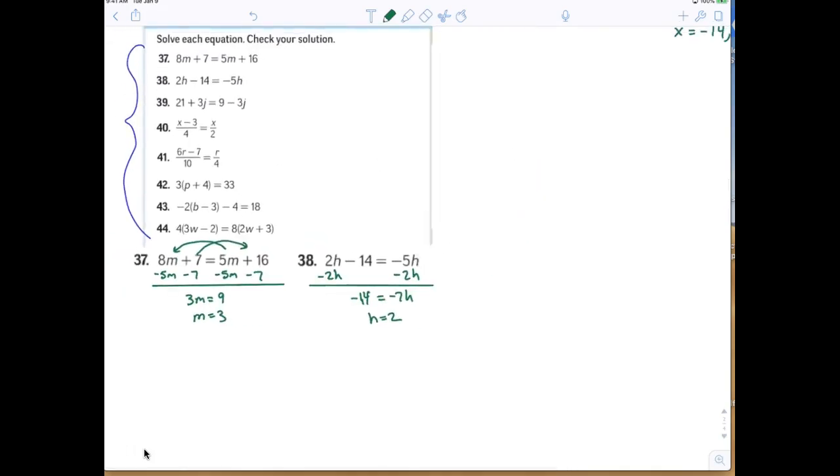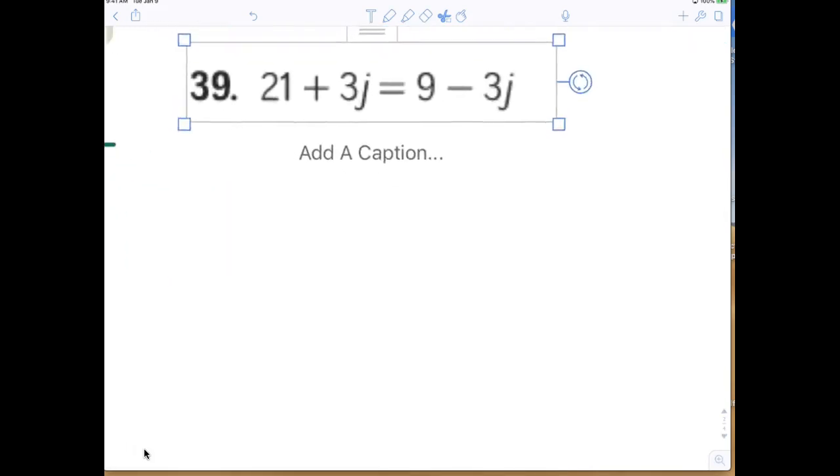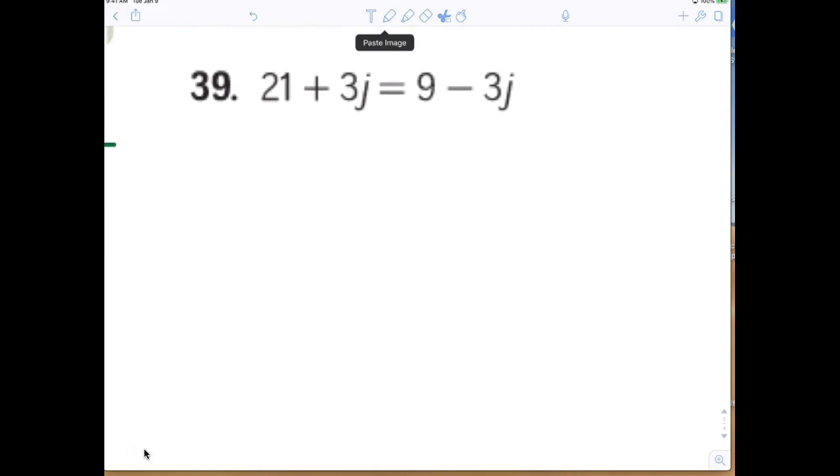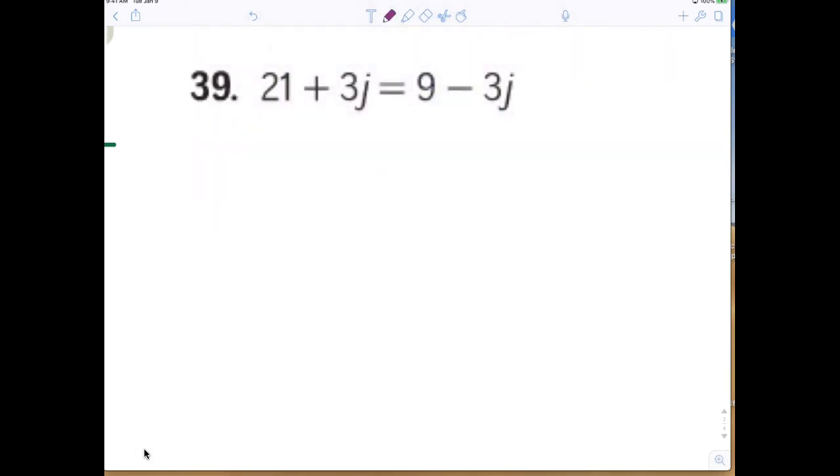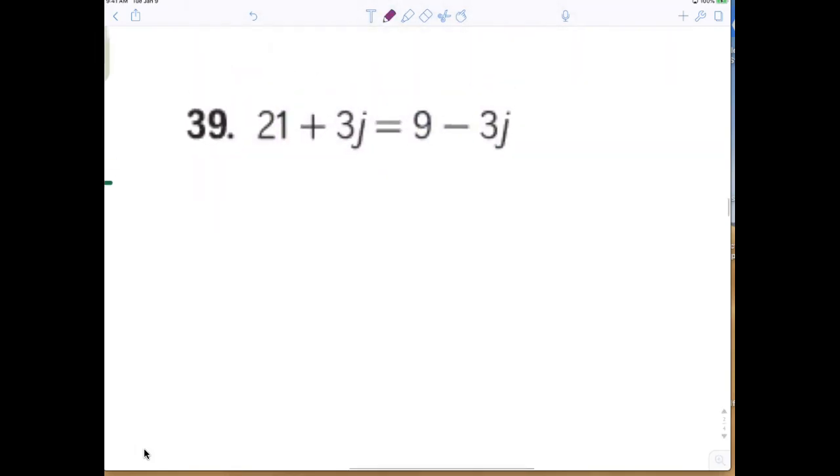All right, let's see. 39. Now remember, what I always try to tell kids is, to me, it's easier to keep the variable positive. So this time I'm wanting to move the negative 3j over and the 21 over.